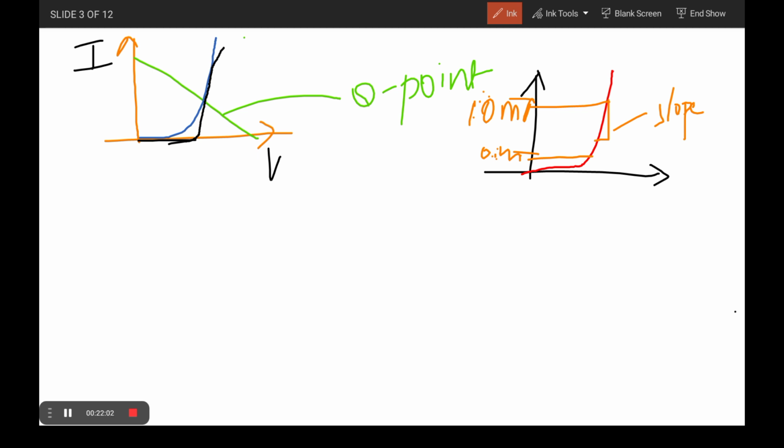That's why in both cases the current is the same. That is also one important point for this one.